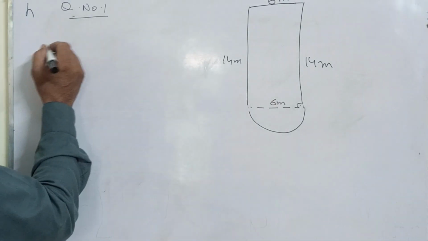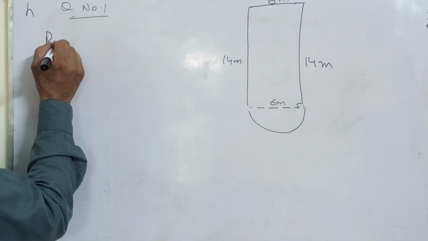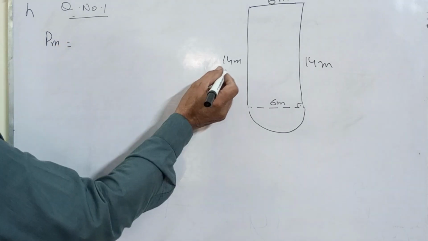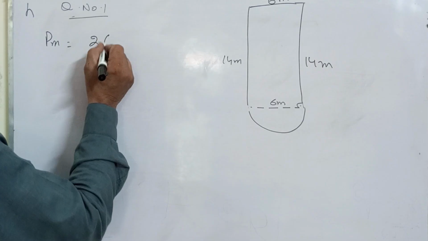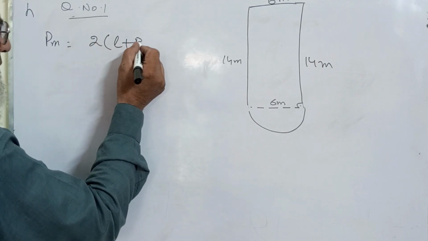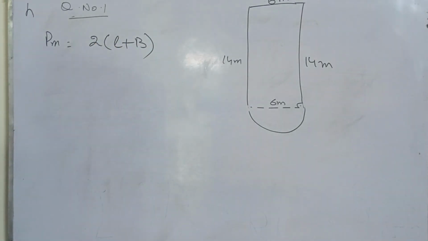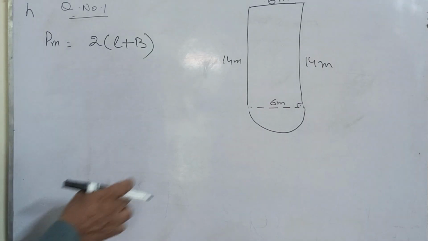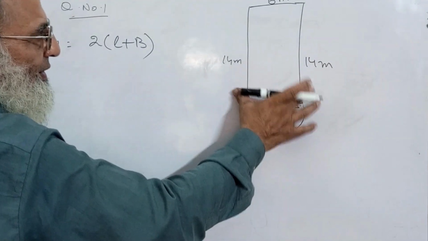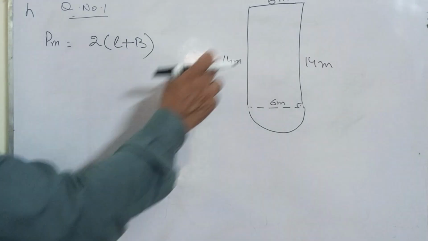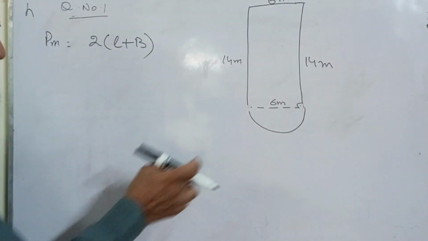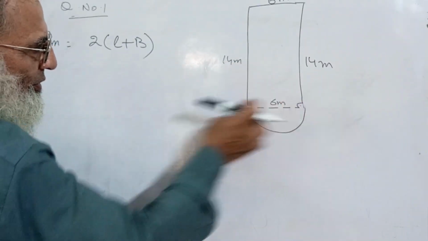So let's calculate now perimeter. Now you know that the perimeter of a rectangle is 2 into L plus B. But we have two lengths but a single breadth, because this will not be considered, from here to here.